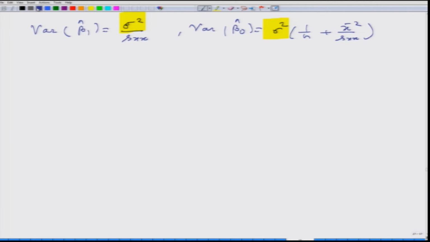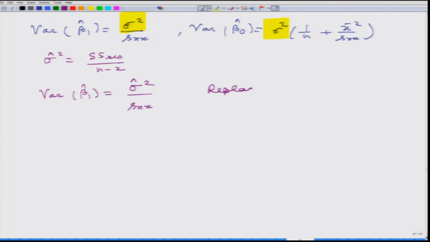One option is this: since we have obtained that sigma square hat is SS res divided by n minus 2, I can write the variance of beta 1 hat as sigma square upon Sxx, but in this case I do not know this variance. So, I can replace sigma square by sigma square hat.